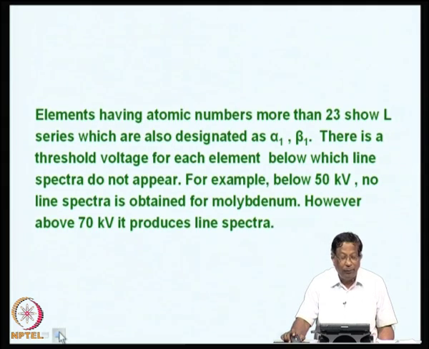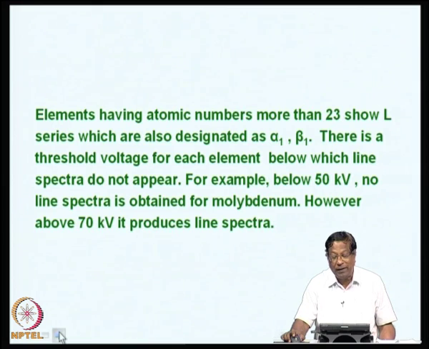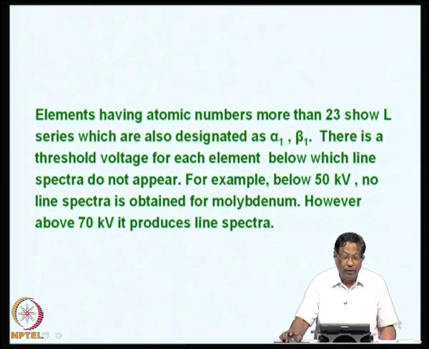Elements having atomic numbers more than 23 show L series, which are also designated as alpha 1 and beta 1. There is a threshold voltage for each element, below which line spectra do not appear. For example, below 50 kV no line spectra is obtained for molybdenum. However, above 70 kV it produces line spectra.